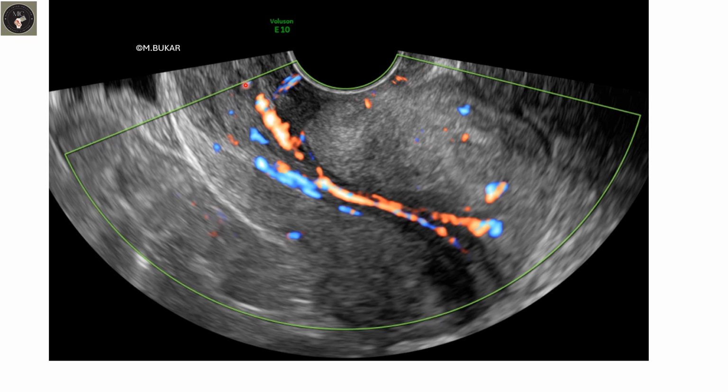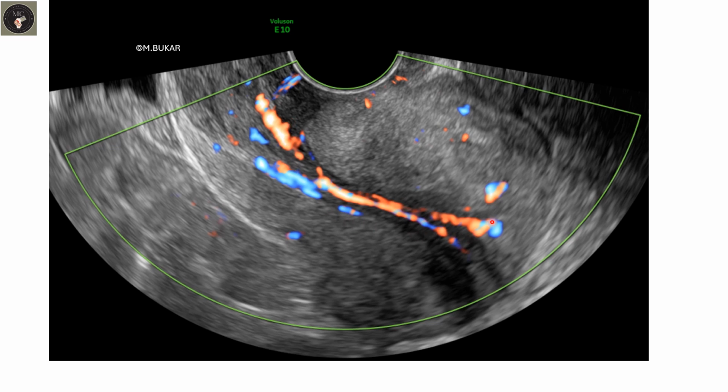So the origin of this lesion is actually from the uterus and not from the cervix. So it is not a cervical polyp, but a prolapse polyp. And based on the characteristics, this is a prolapse fibroid polyp.